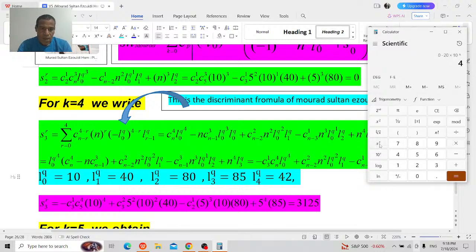Then plus, learners, 3 times 5 is 25, plus 75 because 3 times 25 times 10 squared times 40, times 10 squared is 100 times 40.